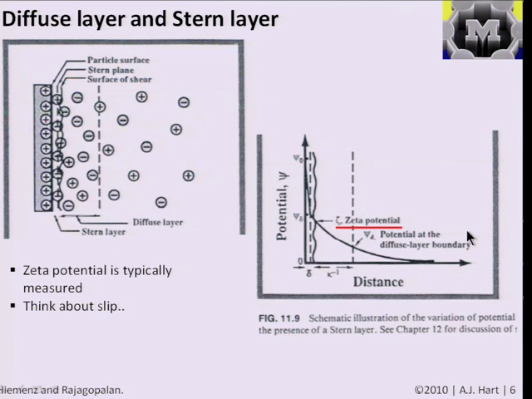And therefore, you actually have a layer of counter ions that kind of sticks there, and then you start getting into the real double layer potential decay that we talked about. This layer is called the Stern layer, or the Stern plane, and then you have the diffuse layer where the potential decays smoothly as we derived.